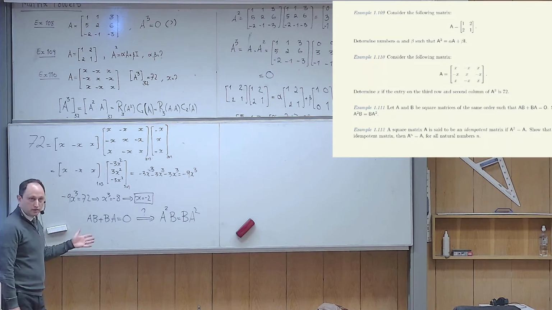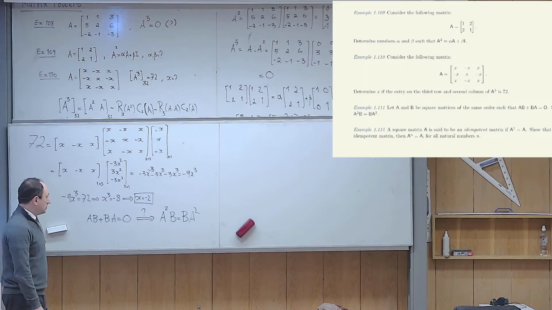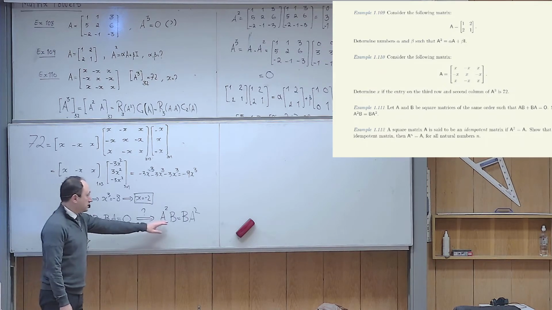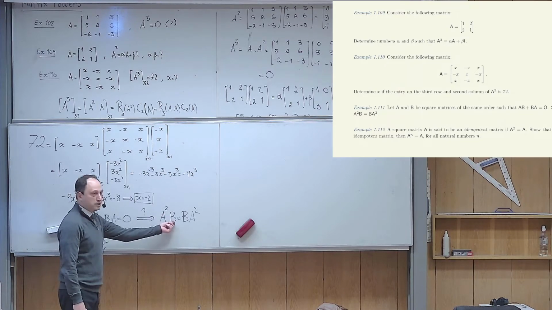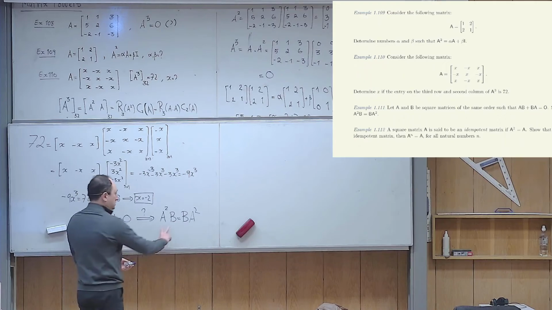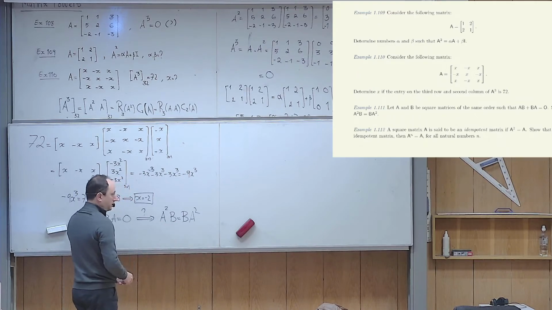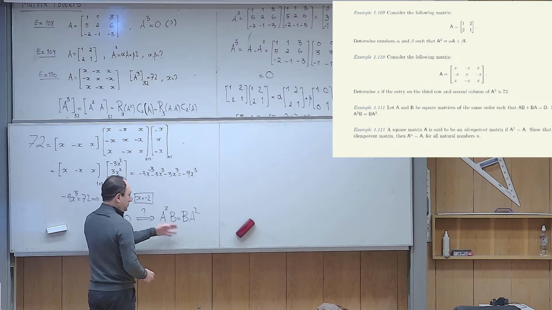Is the question clear? Okay. So we want to show that if I have a pair of matrices that satisfy this relation, that pair will also satisfy this relation. In other words, A squared commutes with B, because you see that I am interchanging them. In numbers, this is completely trivial.